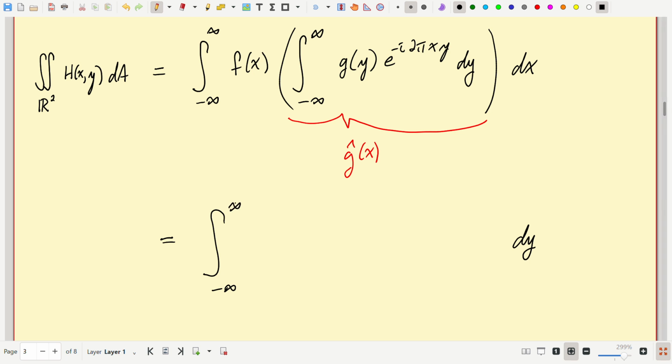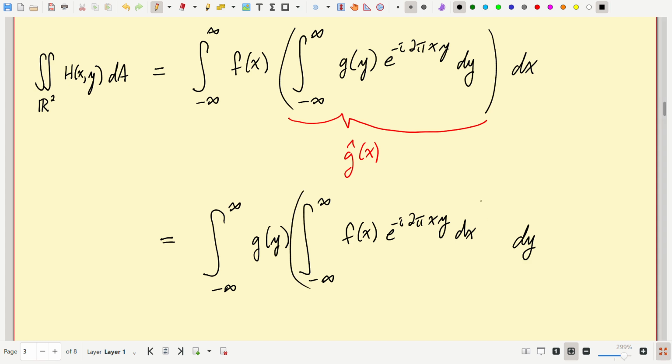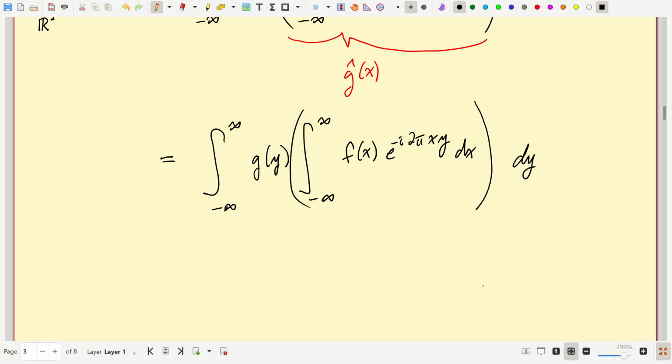And when I change the order, the g of y can come out now, since it's not involved in the other integral. And what's left is f of x times e to the minus I 2 pi xy dx. And the aha moment is that is the Fourier transform of f at y.